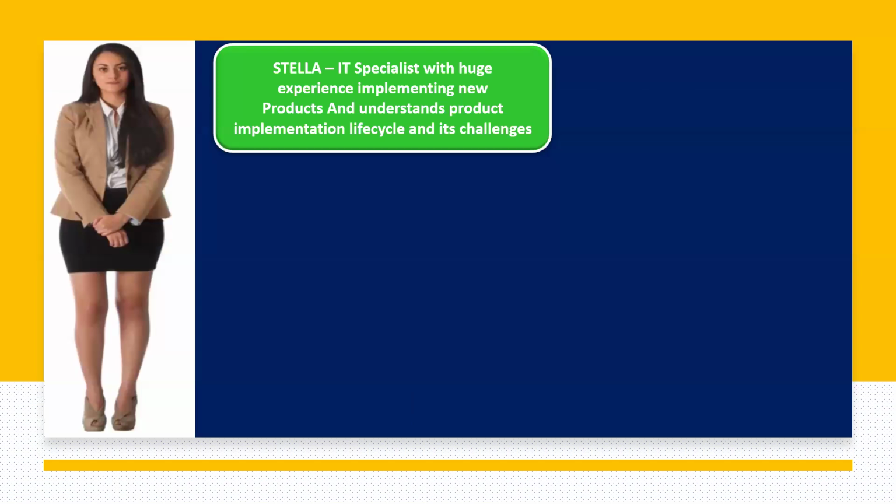So what he is thinking is to discuss with experts who already have well experience in this type of application implementation in the market. He's planning to discuss with an IT specialist who has huge experience implementing new products and understands the product implementation life cycle and its challenges.